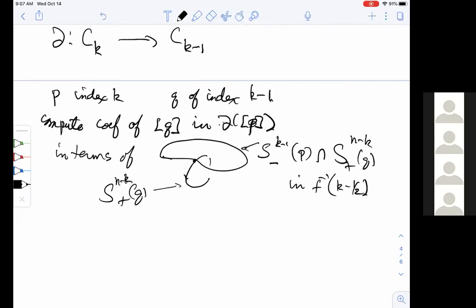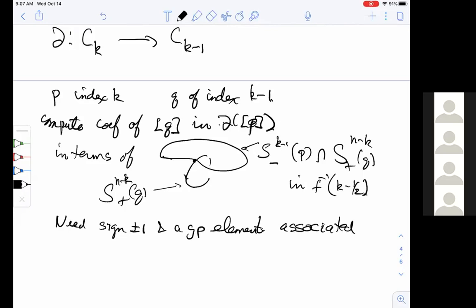I need to associate a sign. I need a sign plus or minus 1 and a group element in the fundamental group associated to this point of intersection, to each y in this intersection.